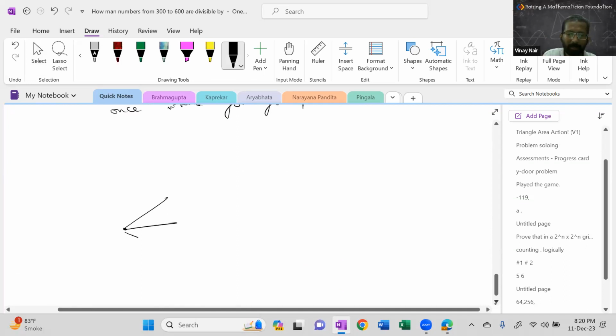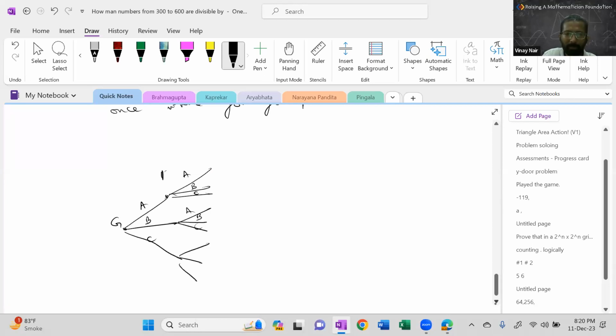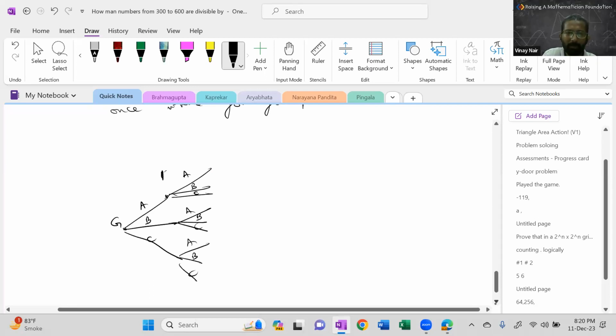So a tree diagram is something like this. This is the ground floor. You have 3 options. You can choose staircase A, B, or C and go to the first floor. From the first floor, you can continue with staircase A, B, or C, and reach the second floor.